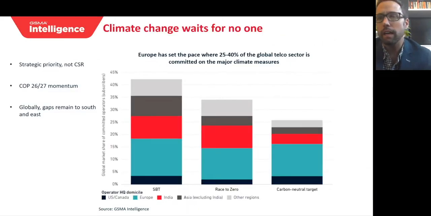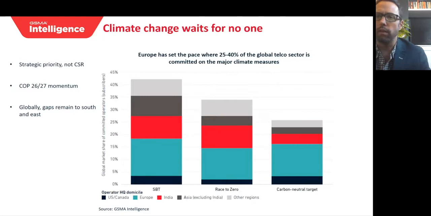Clearly, sustainability is now a management priority across the industry. That certainly wasn't the case sort of 5 years ago. It is now. When we look at commitments to carbon reductions, these are important indicators for commitment levels and how that bears out on networks, services, and devices.